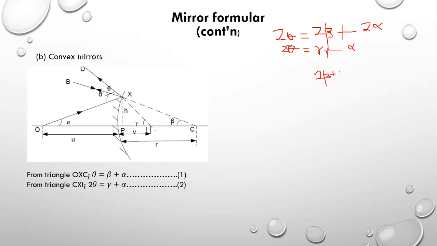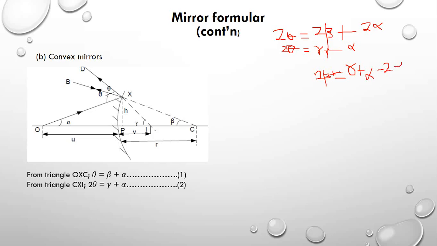But now I want to take the alpha to the other side, so the 2 alpha will go to the opposite side and become minus 2 alpha.